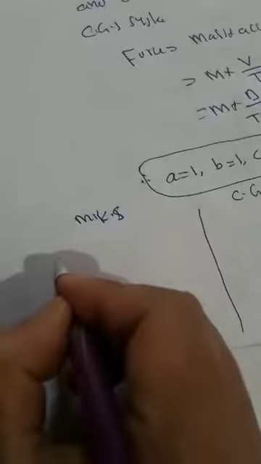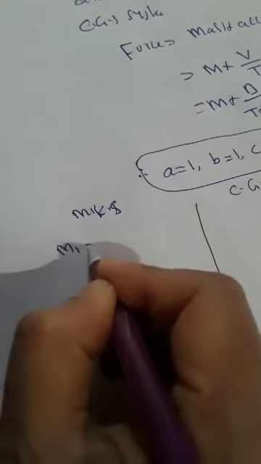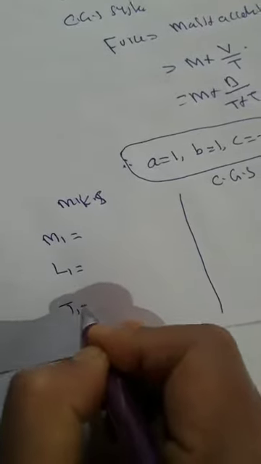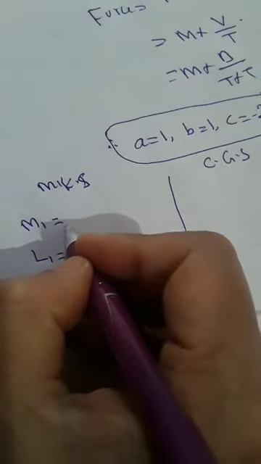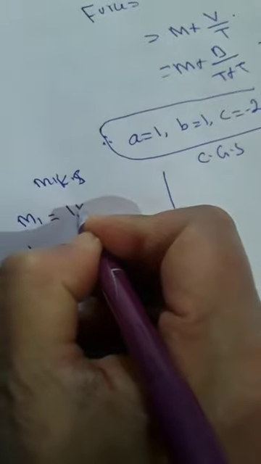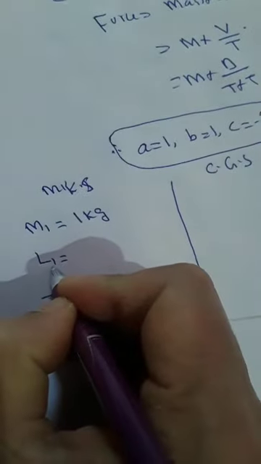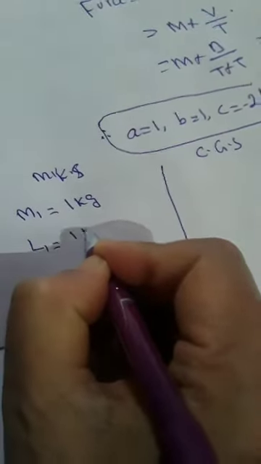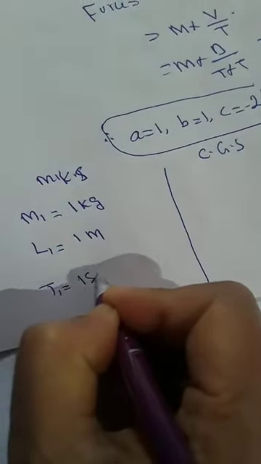Here M1 is mass, L1 is length, T1 is time. Mass is measured in kilograms, that means 1 kg. L1, length, suppose 1 meter, time 1 second.